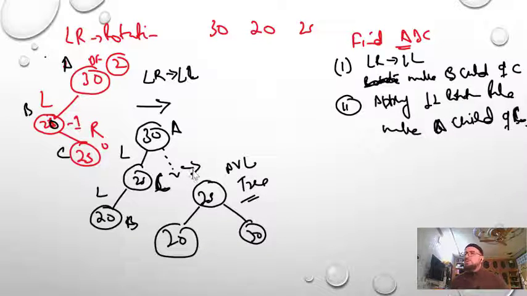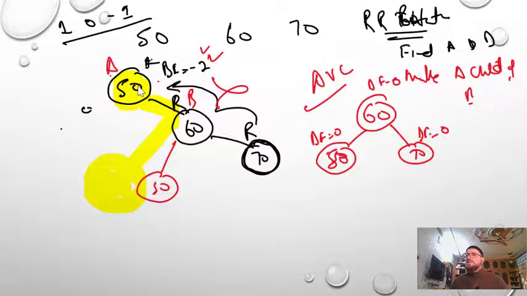I can do the same thing in a single step. Okay, if I want to do the same thing in a single step, how will I do that? Let me go to the next slide. What nodes did I have? I had 30, 20, 25.